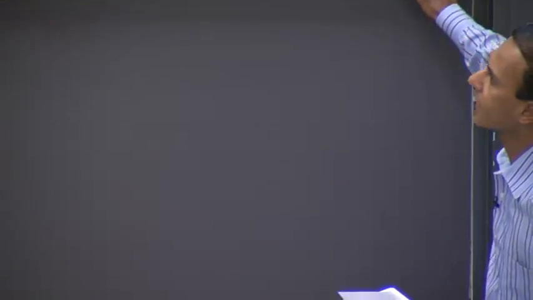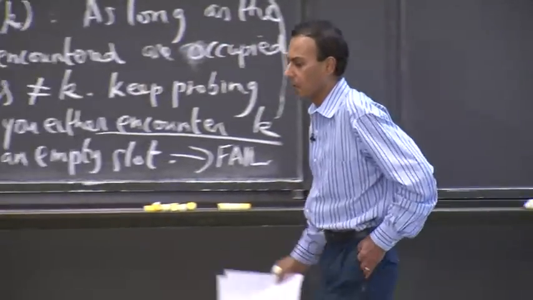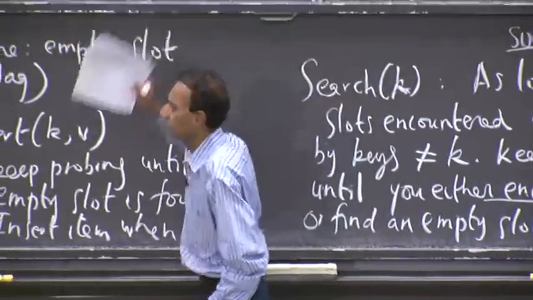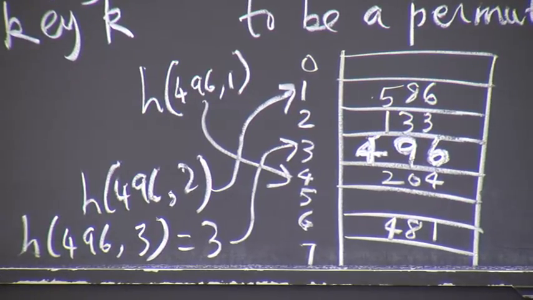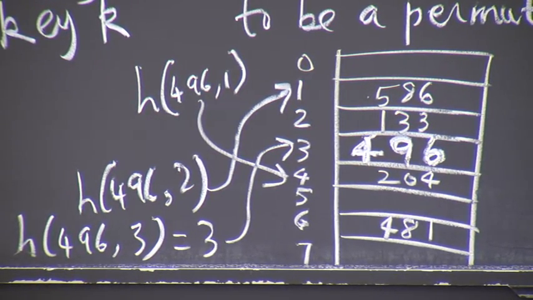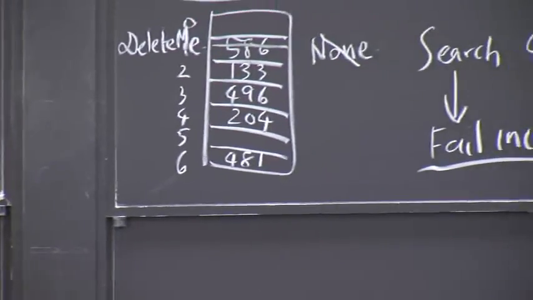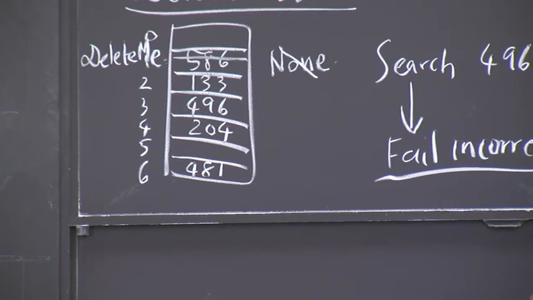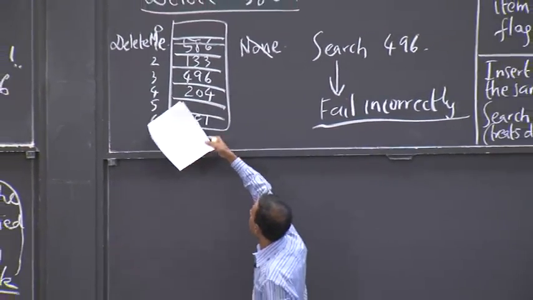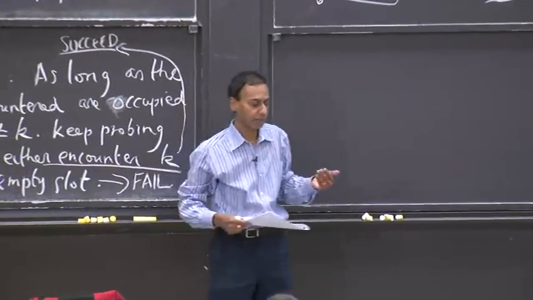So what would happen in our example? Well, going through exactly the same example, we started from here, and then we decided to delete 586, and so we replaced 586 not with none, but with delete me. And the next time around, when you search for 496, you would go look at the slot that contained 586, and you'd see that there's a delete me flag in there.